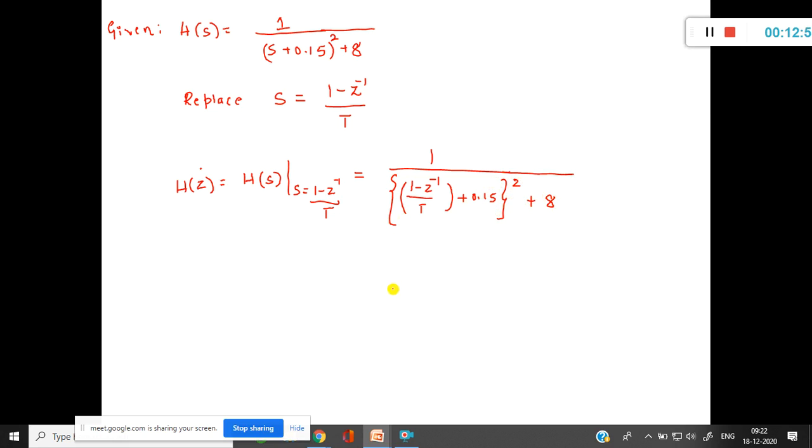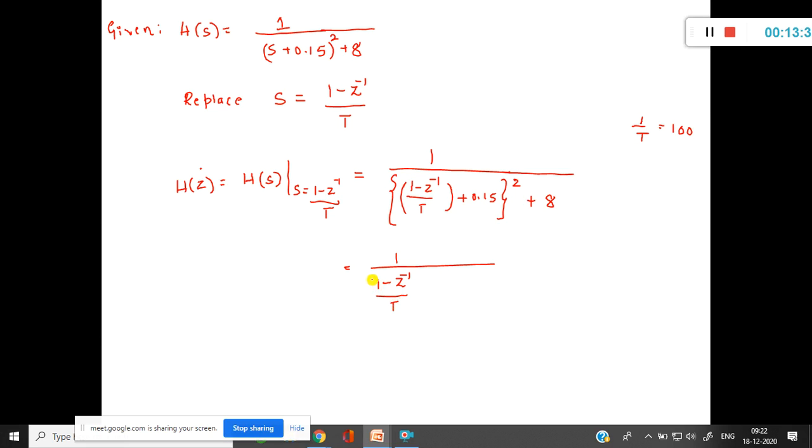Simplify this and perform the operations. Consider 1 by T equal to 100 directly, because it is given as 100 hertz. Or you keep T till the end and at the end replace T by 1 by fs, or by 1 by 100. That's left to you. However you feel comfortable, you solve accordingly.